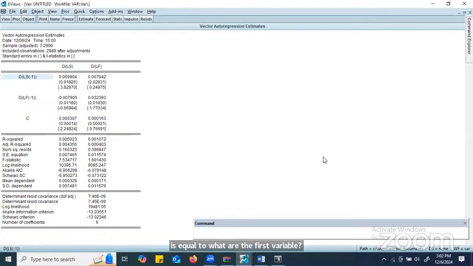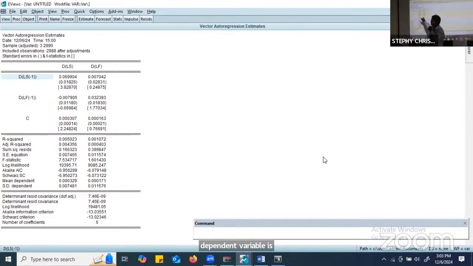Lagged value of... Look, just show the camera. D of LS is the dependent variable. Look at the independent variables: D of LS minus 1, then followed by D of LF minus 1. Which coefficient is important? Dependent variable is spot, and what is the important coefficient here?